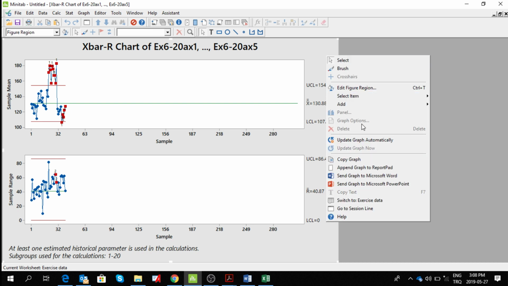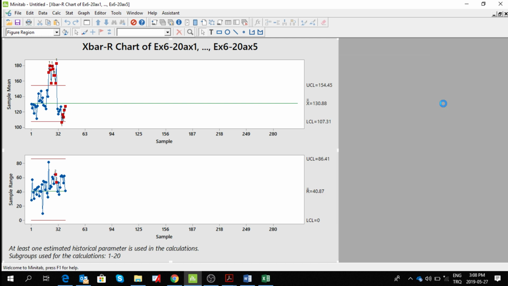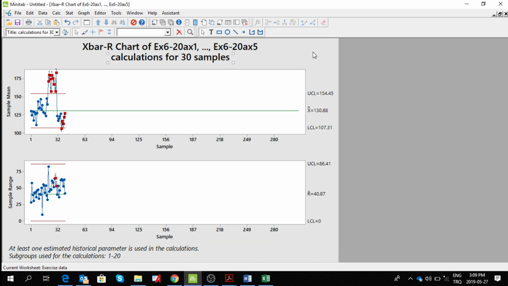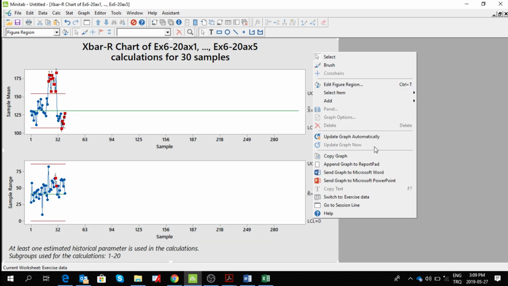So what we can do is give it a name: calculations for 30 samples. Click OK, and we can send it.